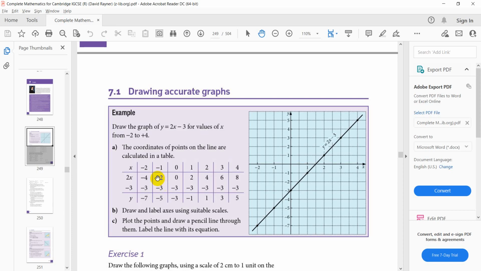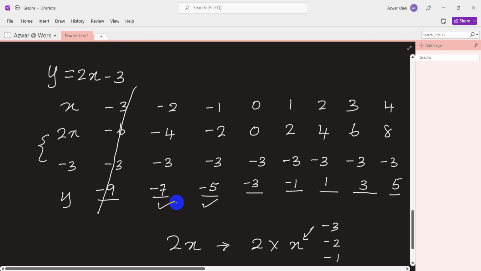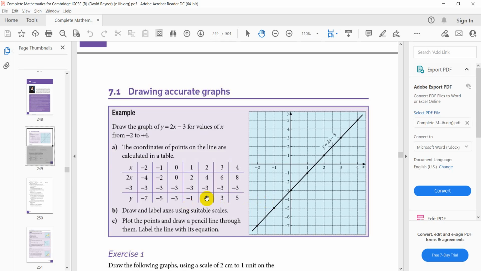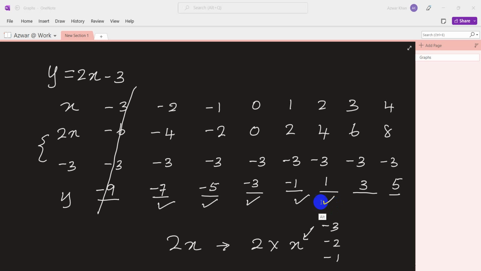Each y value they have mentioned is minus 7, minus 5, minus 3, minus 1, plus 1, 3 and 5.